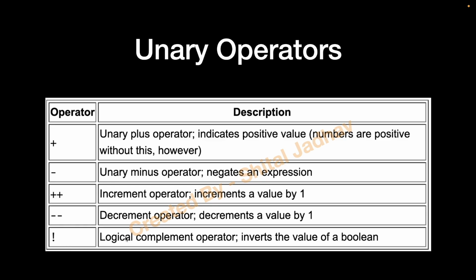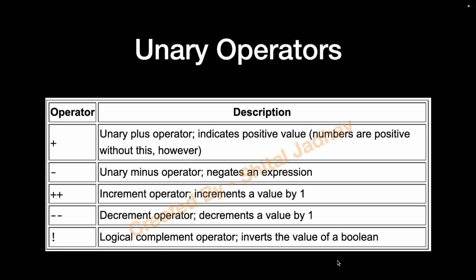And if your value is false and you use this operator, then it will make that value true. So plus means a positive value, minus means a negative value, plus plus will increment the value by 1, minus minus will decrement a value by 1, and this is the logical complement operator, which will invert the value of a boolean.